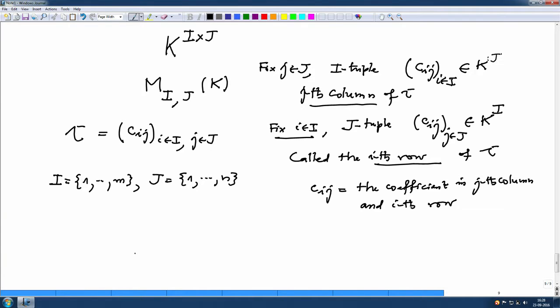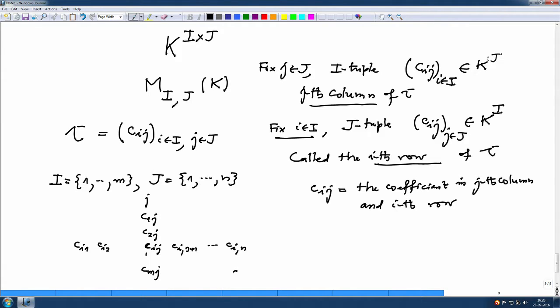Then the jth column starts with C1j, C2j, etc., up to Cmj. And the ith row starts with Ci1, Ci2, and here it will come Cij, Cij plus 1, etc. It will go on till Cin.